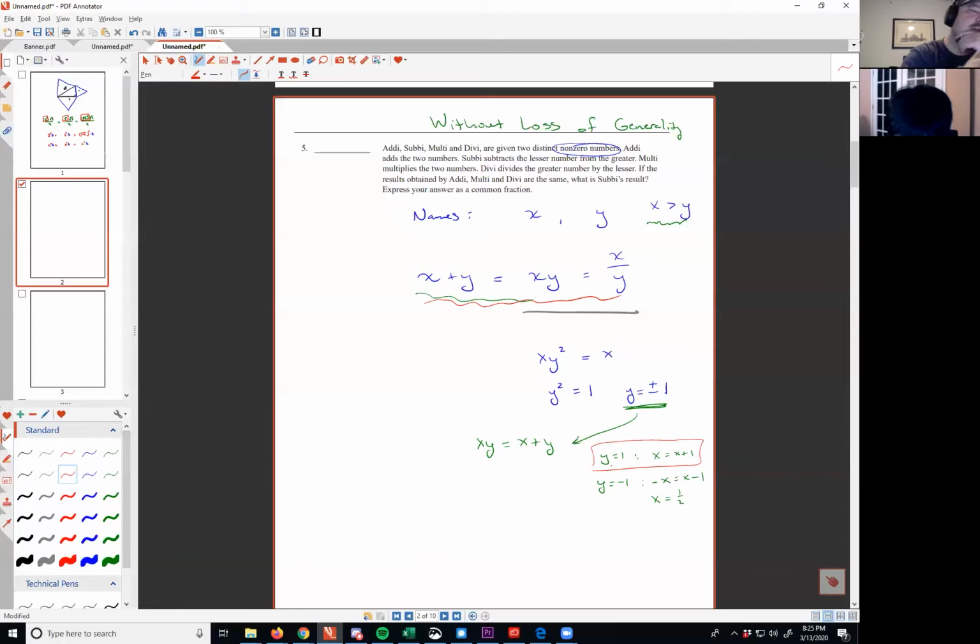Right here? X equals x plus 1, is that what you got? Yeah. Well, if we subtract x from both sides, what do we get? We get 0 equals 1. That's funny. You're telling me that 0 equals 1? It's not possible then. Yeah, that's a contradiction. 0 is not 1. So that one's not possible, so it is the other.